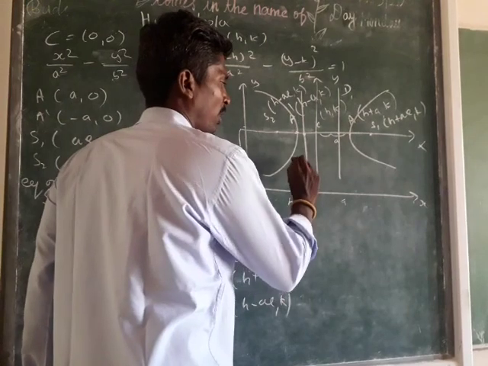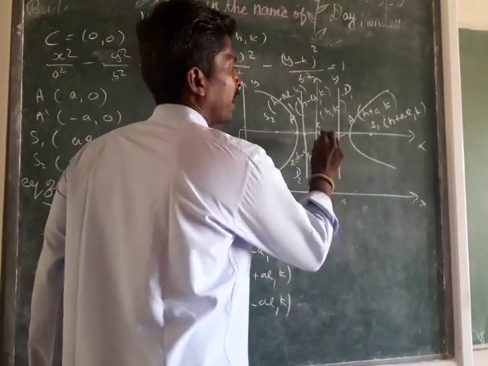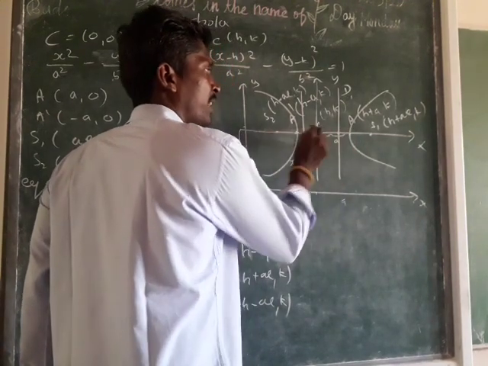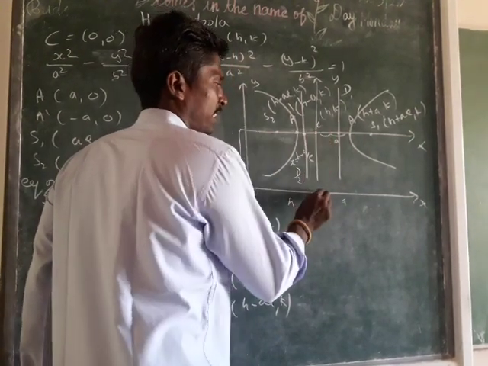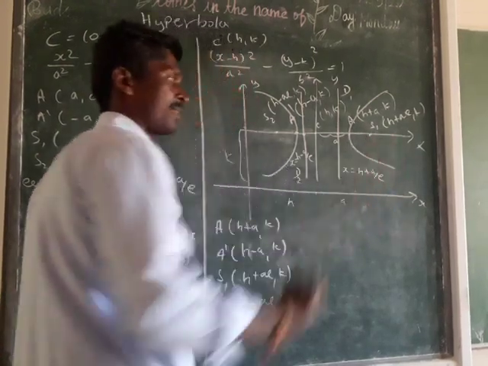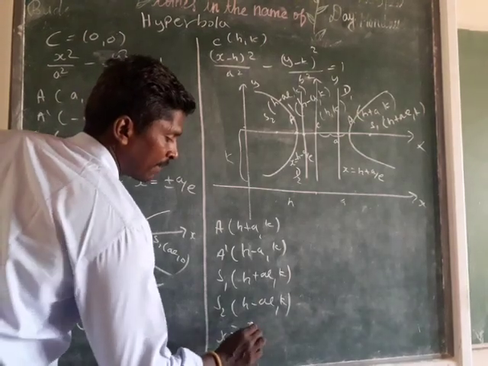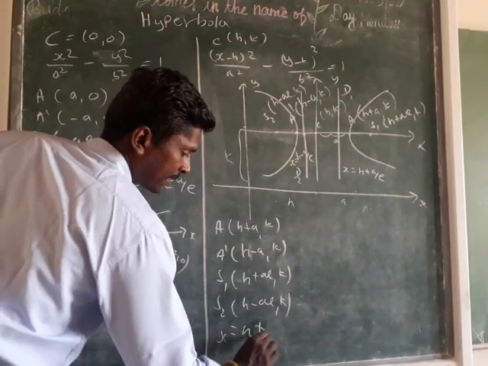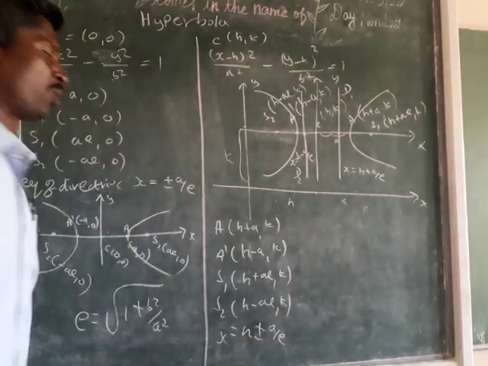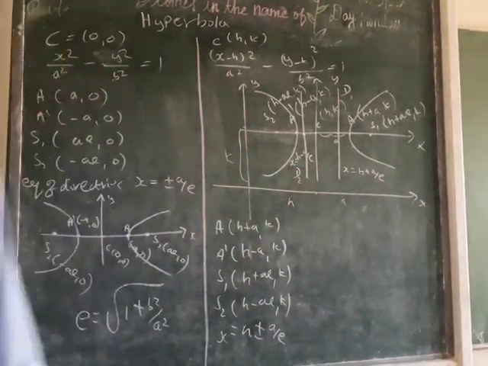Then D2: x equals h minus a by e. Up to here is a by e, up to center h is the x-axis length. So here x equals h plus a by e. Generally you can write the equation of the directrix as x equals h plus or minus a by e. One is h plus a by e, one more is h minus a by e.